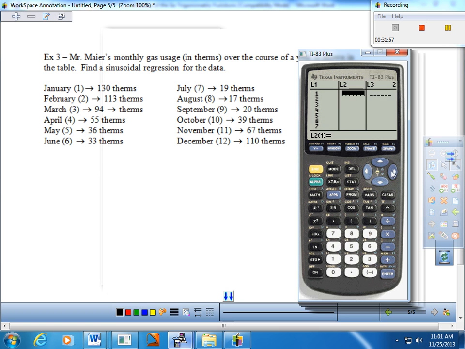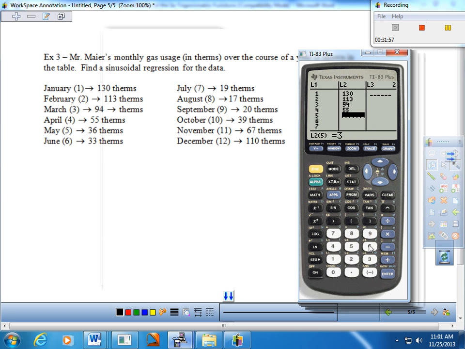Perfect. All right, now let's match it up, everybody. In this case, therms in the winter seem to be quite a bit more than in the summer. In January, for our house, the usage was 130. In February, it goes down a little, 113, as the temp goes up, 94, and so on.